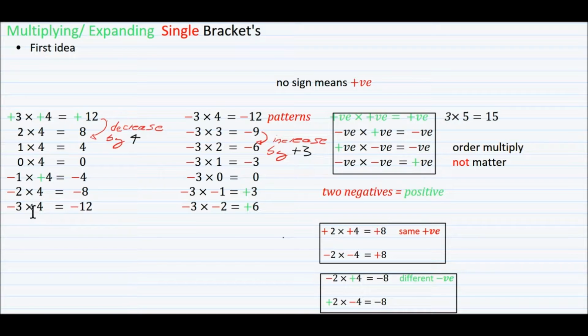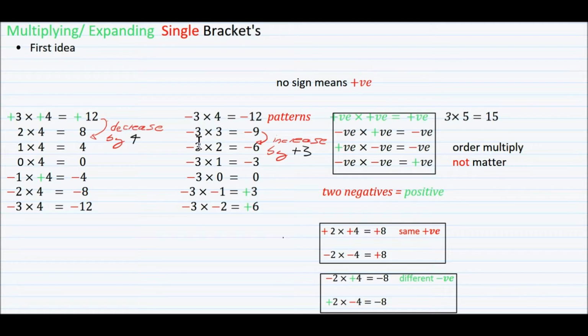So these 4 we're going to decrease by 1, which is 3, take away 1 which is 2, take away 1 which is 1, 1 take away 1 is 0, 0 take away 1 is minus 1, minus 1 take away 1 is minus 2. Then we're just going to multiply them. So minus 3 times 4 is minus 12.